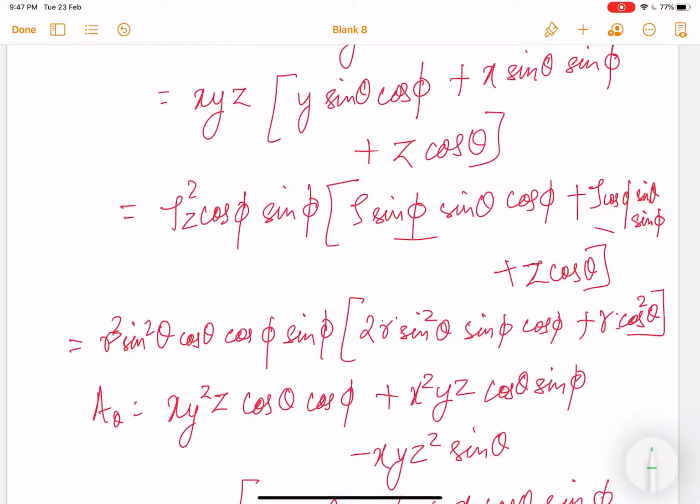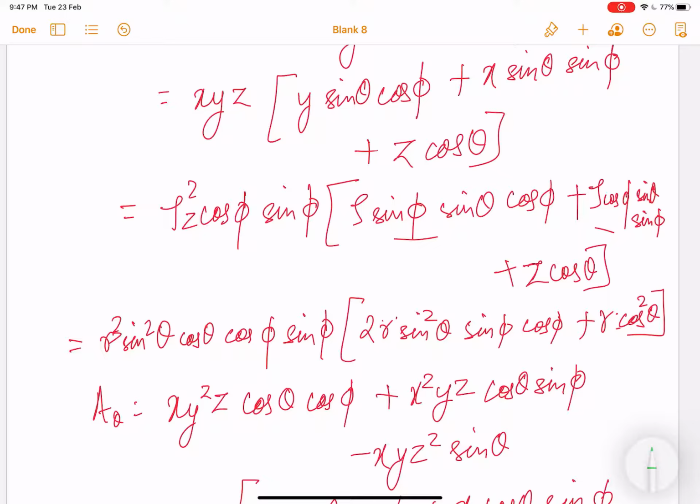This is a lengthy process, have to be patient. 2 into sine square theta. Sine square theta will be 1 by root 2 squared, or 1 by 2. Then sine phi, cos phi again, 306.86 into cos phi, that is 306.86, and then closing bracket.